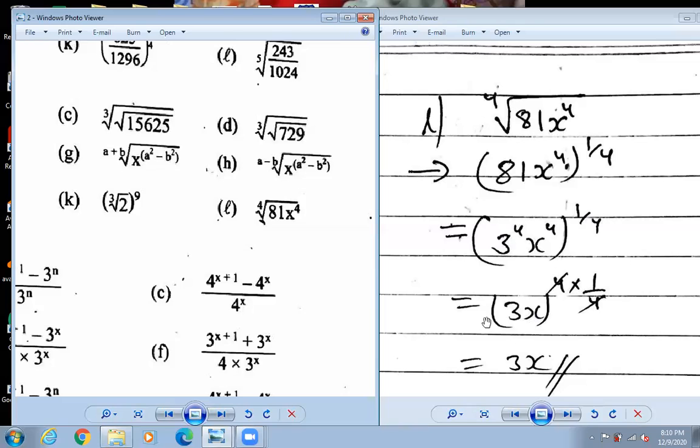So 4 and 4 will be cancelled. Then what is the remaining number? 3x is the remaining number.